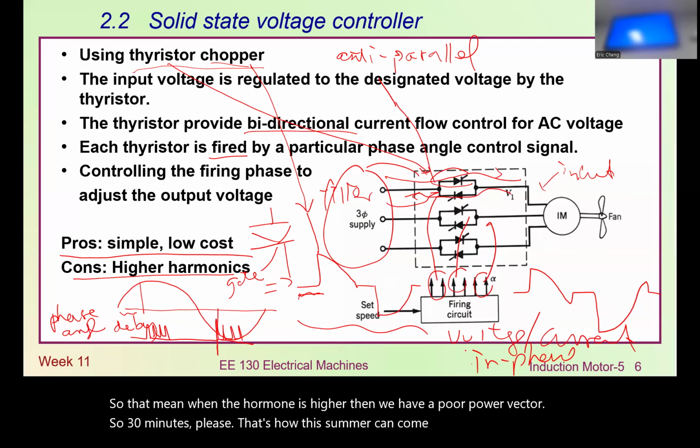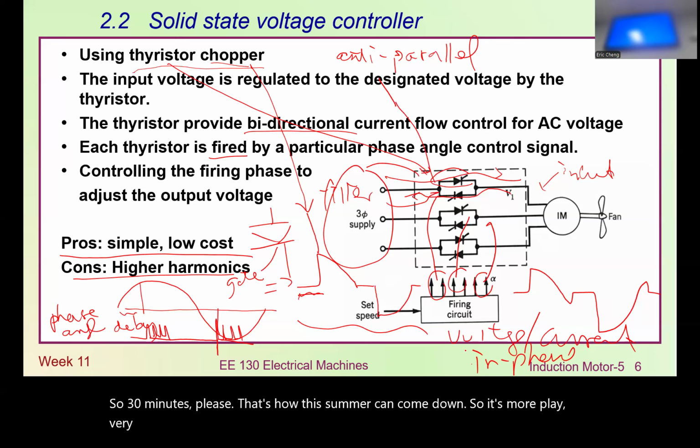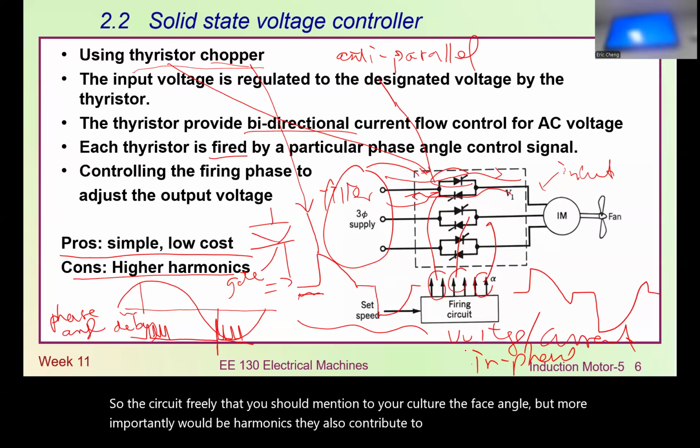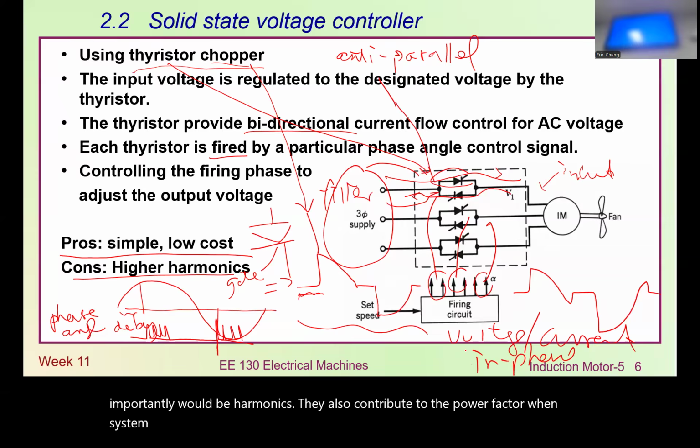So this voltage waveform may not be too good because of the harmonic. When you learn circuit theory, they usually mention the cosine phi, the phase angle, but more importantly, harmonics also contribute to the power factor. When systems have a poor power factor, which PG&E doesn't like, they will charge you for the harmonics.